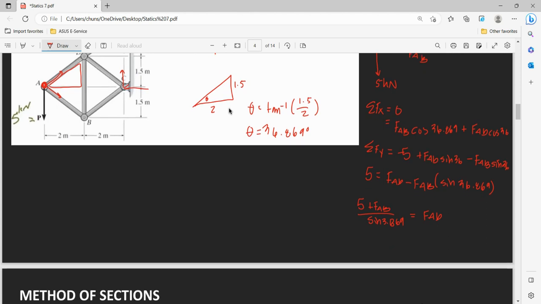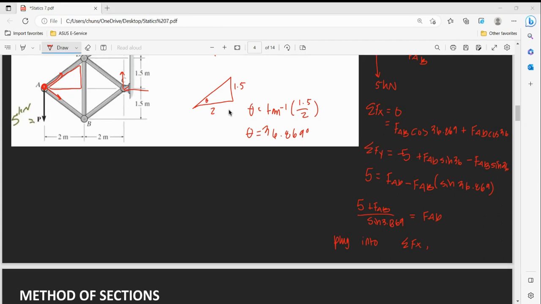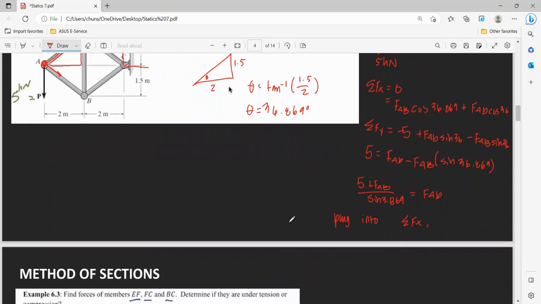If we plug that into our Fx equation, we see that FAB becomes negative 4.167, and FAD equals positive 4.167.